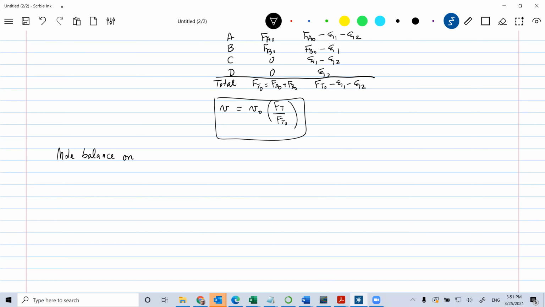But I wrote... just give me a moment here. So A and B both go down, and C goes up and down, and D goes up, which is what I expect.